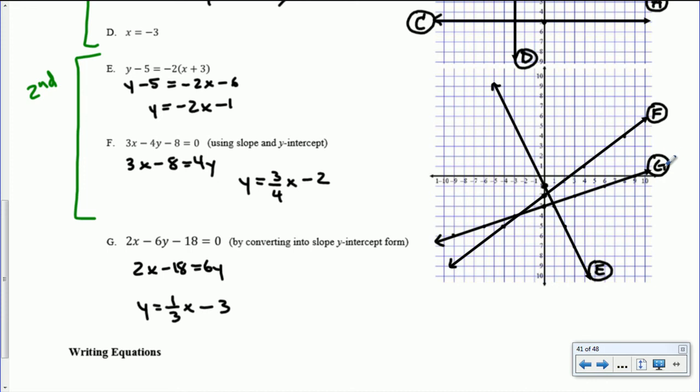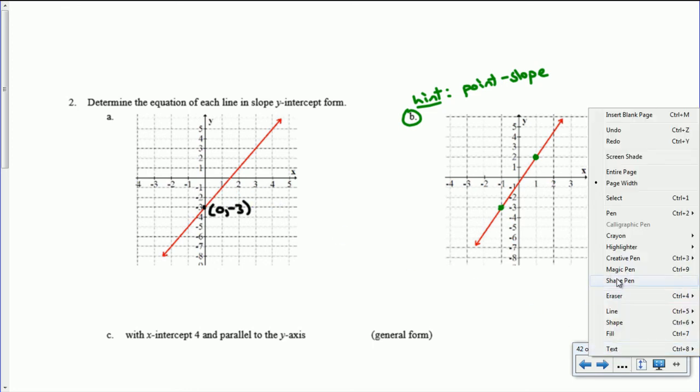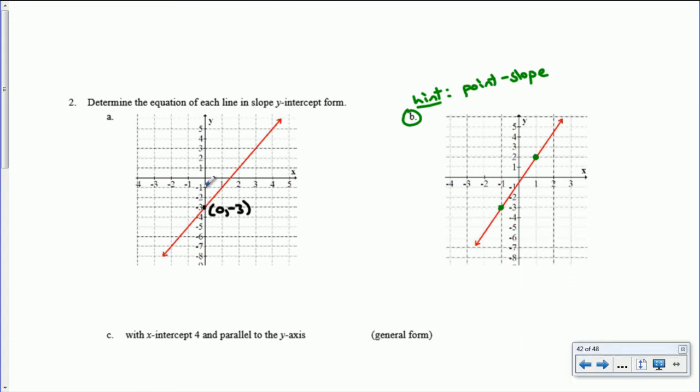Alright, moving on to the ones on the back. So here we have determine them in slope y-intercept form, so that's pretty good. There's 0 comma minus 3. I also need the slope, so going from here to, where's the next point available?